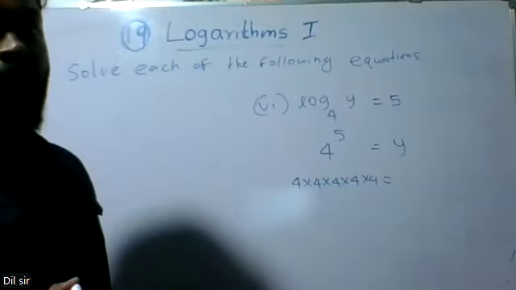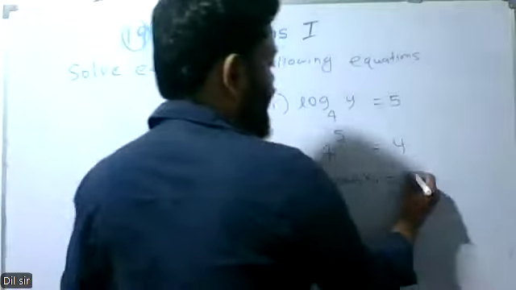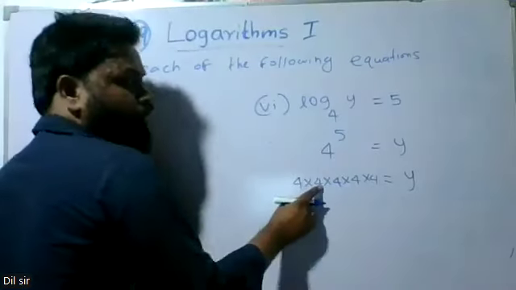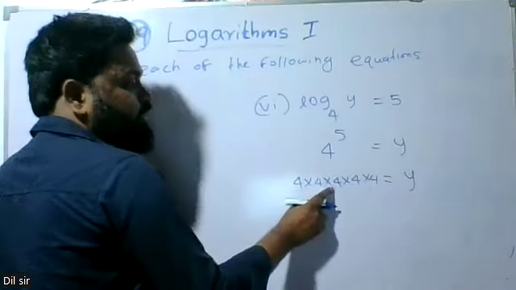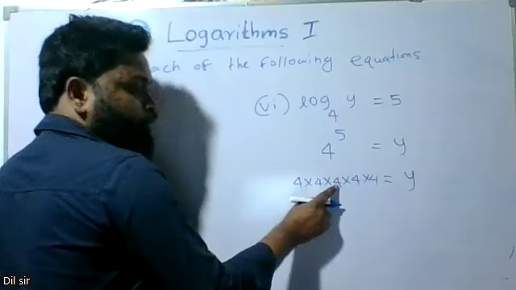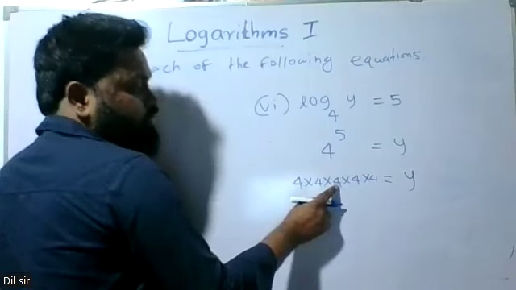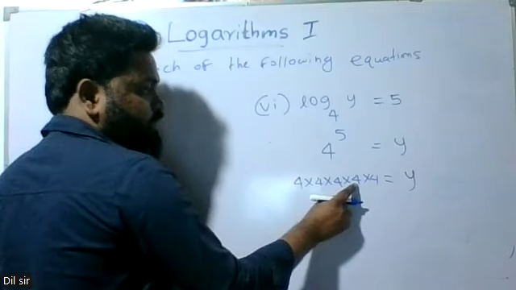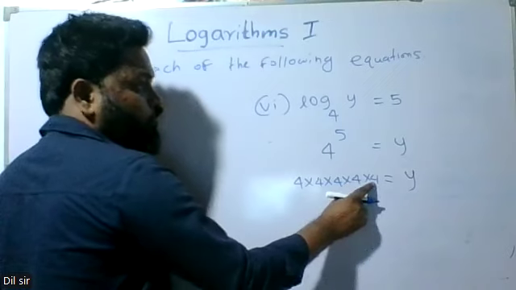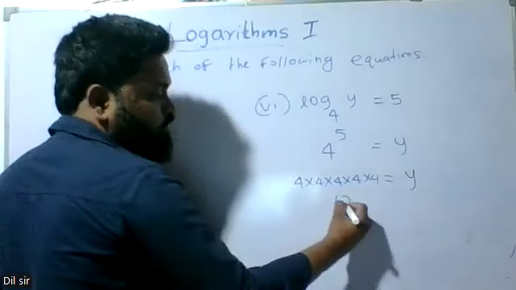It is equal to y. 4 times 4 is 16. 16 times 4 is 64. 64 times 4 is 256. 256 times 4 is 1024.